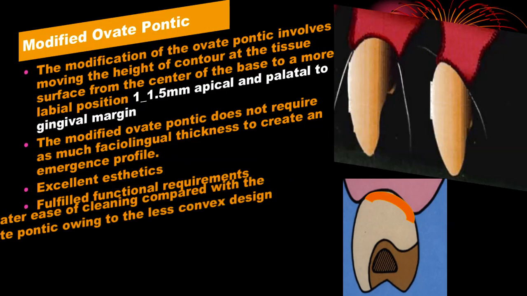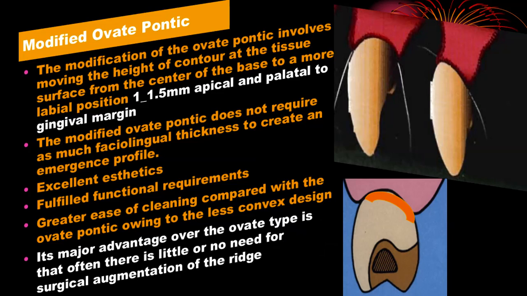ممكن بعدين ممكن عندنا سلايد نشوفهم. Last pontic, tissue contact or mucosal contact pontic, we have modified ovate pontic. هنا الموديفيكيشن مثل ما قلنا، الكونفكسيتي صايرة بالسنتر of the ridge، غيرنا ال center of convexity to be lie بالfacial surface.